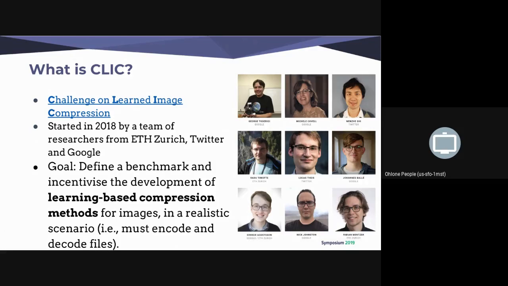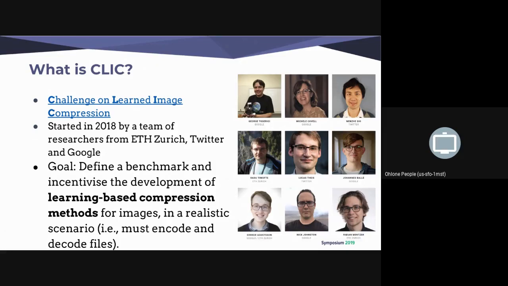So in order to incentivize research in the area, we started a challenge on learned image compression with the explicit goal of encouraging researchers to develop methods that are learning-based, ideally with neural networks, and also to expose them to good practices. Believe it or not, the idea of having to generate a file, reading said file from disk and decompressing it was quite foreign in 2018 to most researchers in this area.